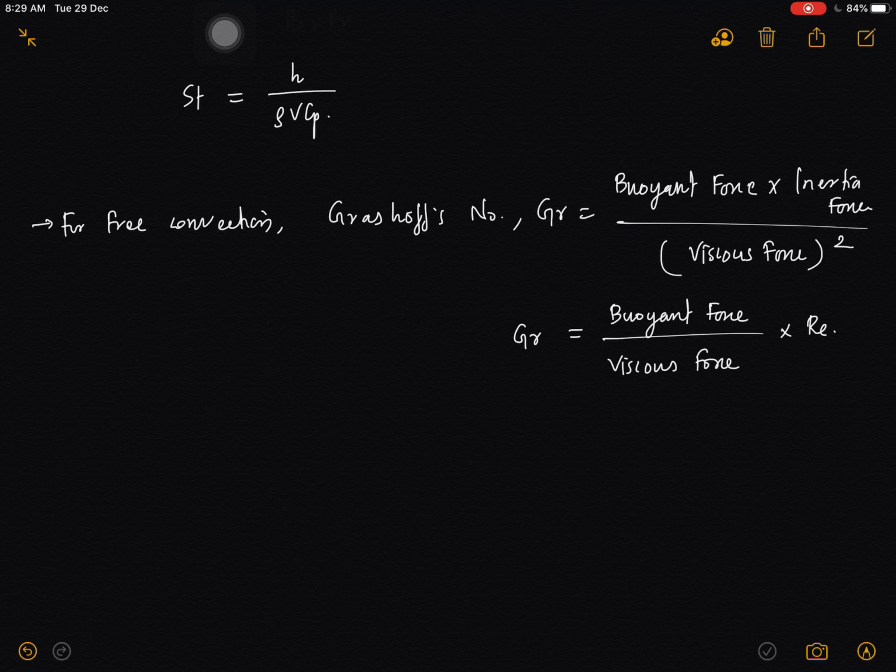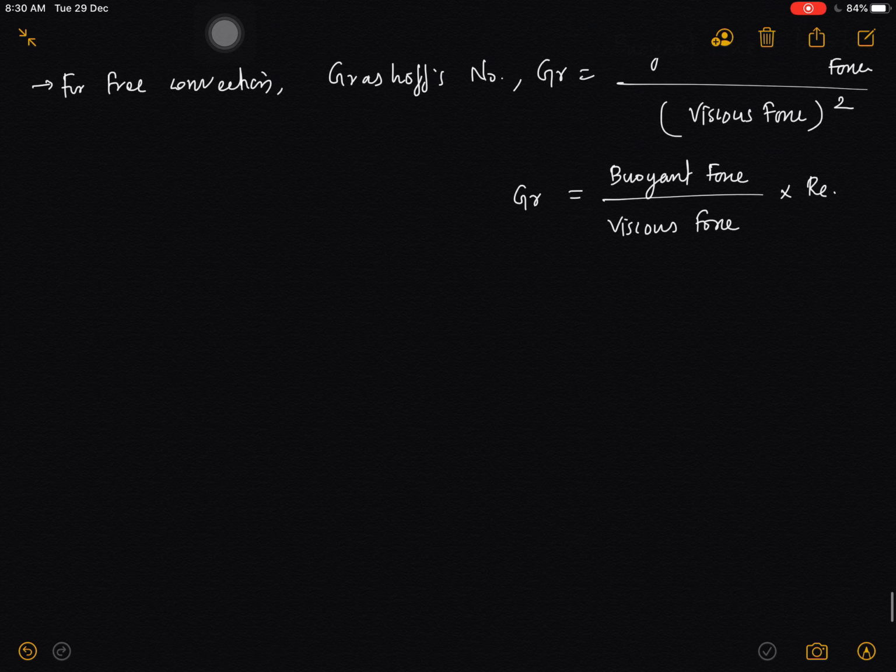So this is nothing but the Grashof number. These are the main dimensionless numbers that we deal with in this particular convection analysis.